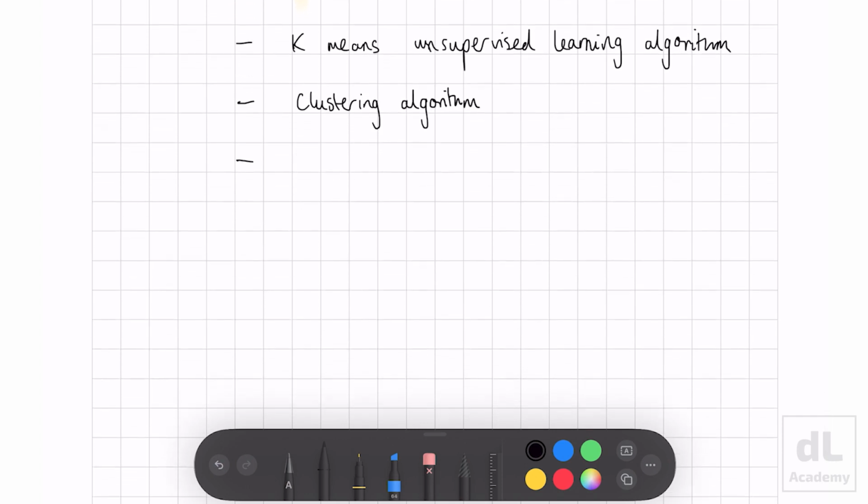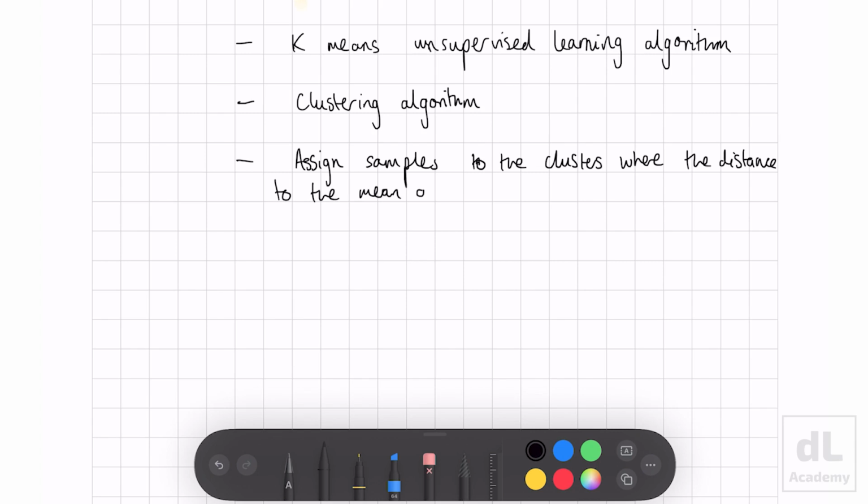The principle behind the method is to assign samples to the clusters where the distance to the mean of that cluster is smallest.